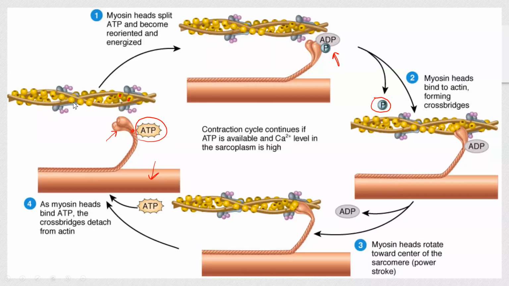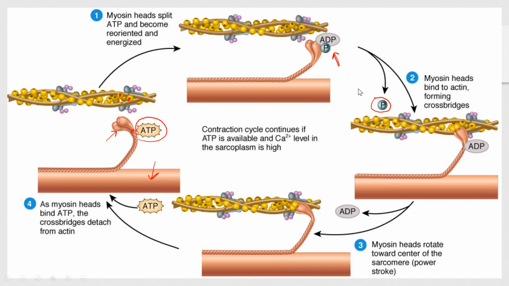So here calcium is present. It's attached to troponin. Tropomyosin is out of our way. Now myosin, because it has ATP attached, it splits ATP and it becomes energized.